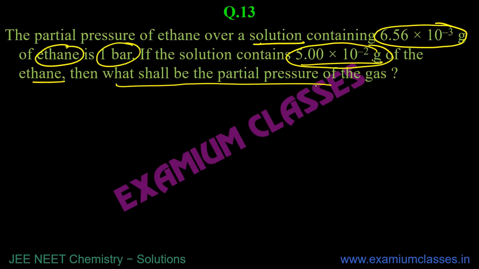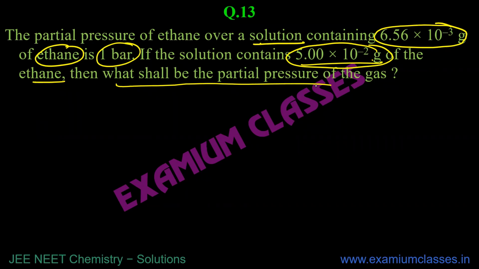Do we have to take the mole fraction in this question also? You have to, but think in terms of Henry's law. Sir, the values which are given right here, they are the values of the Henry's constant?